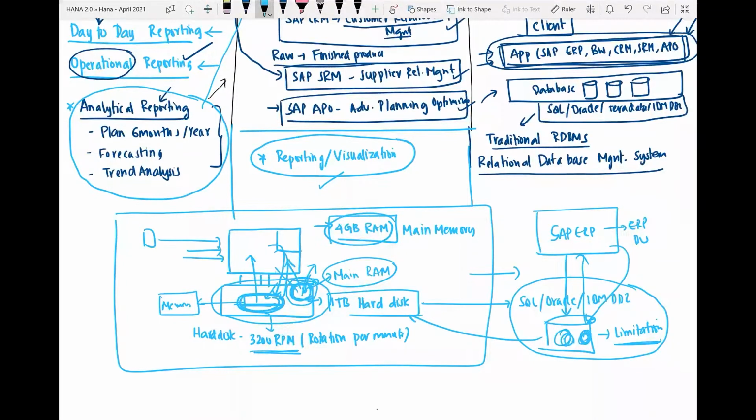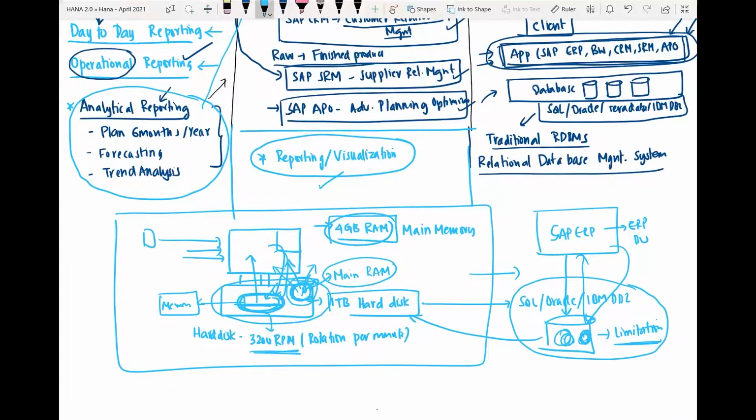Imagine your entire organization's data was being cached in memory. Then how quickly would you be able to retrieve that information? Would it be much, much faster than your traditional databases, or would it be the same? What would you think?